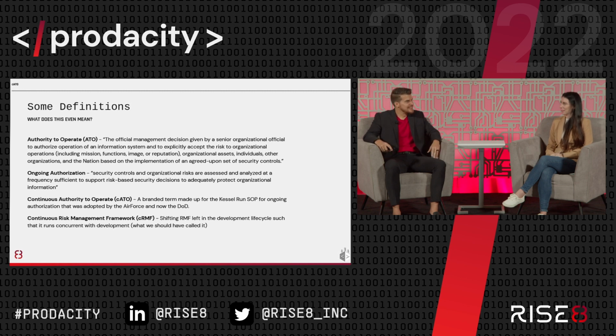I 100% agree. So cATOs shouldn't really have an expiration date, but they should have review dates. And it shouldn't mean everything halts to the end. Because if you've ever done a traditional ATO, you know that 6 months right before your ATO, production goes significantly down. 3 months before that ATO, your platform teams are not working on any new features.